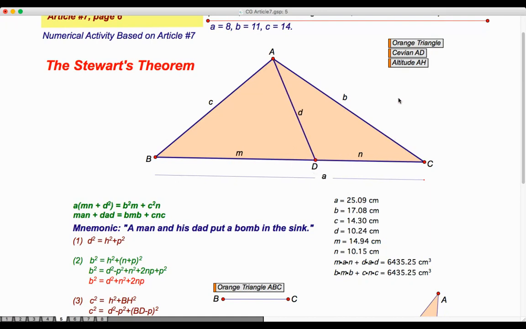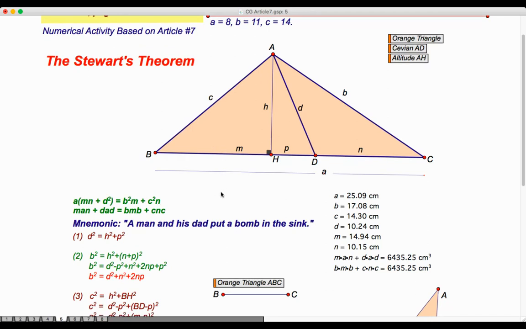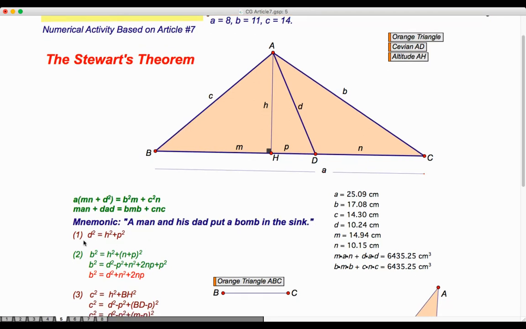If I put that there, I can construct altitude AH here. With that, I now have d squared equal to h squared plus b squared. Everything is the Pythagorean theorem. And then for the second one, I will make use of this triangle.